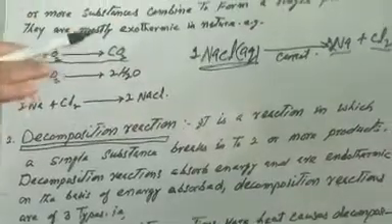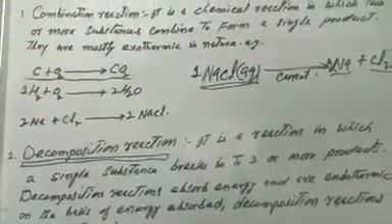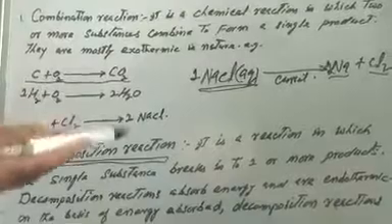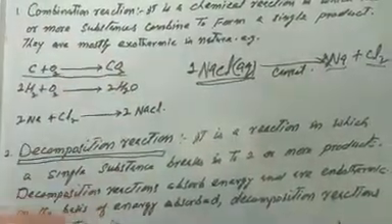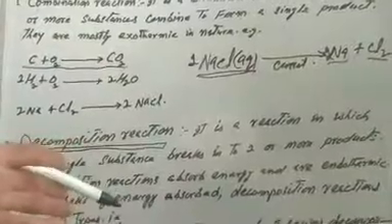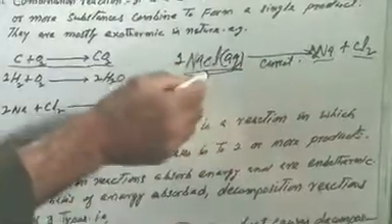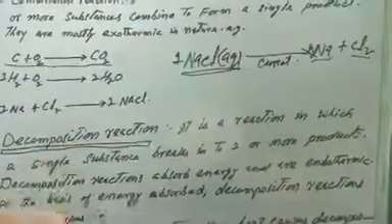Combination reactions involve the combination of two or more reactants to form single products, whereas the decomposition reactions involve the decomposition, degrading, breaking of a single substance into two or more products.